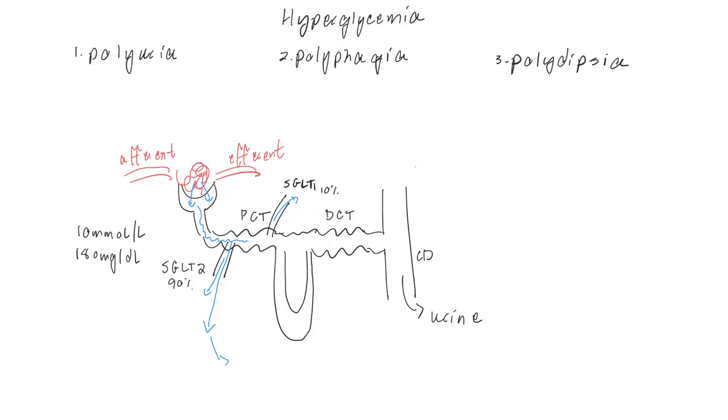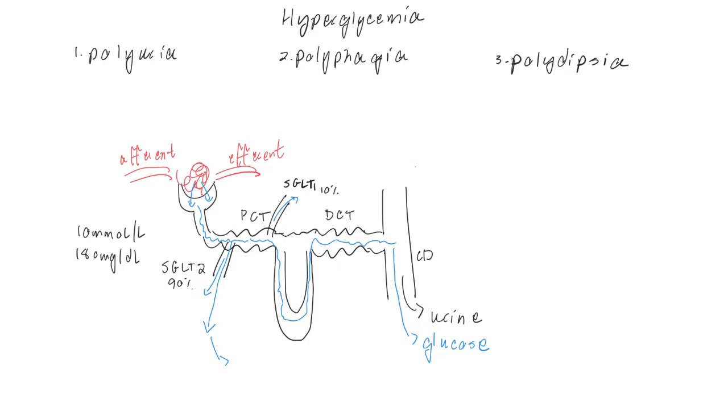So then that's when the glucose starts traveling through the rest of this system, getting to the collecting duct, and you start spilling glucose in your urine. And that's why spilling glucose in your urine is a sign of very high blood sugar, because it means these transporters are totally saturated. They can't take any more back into systemic circulation.